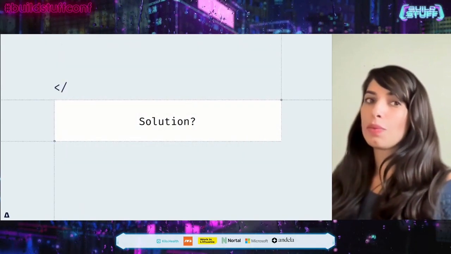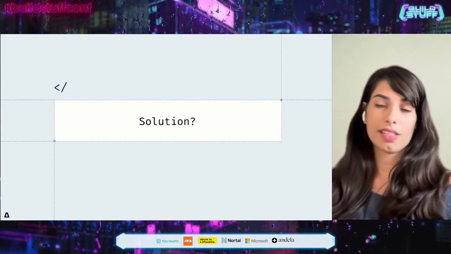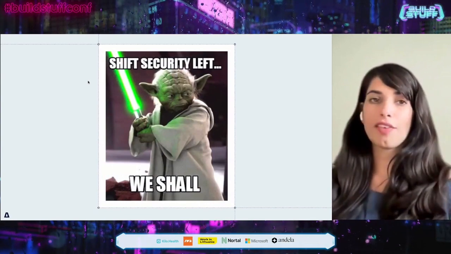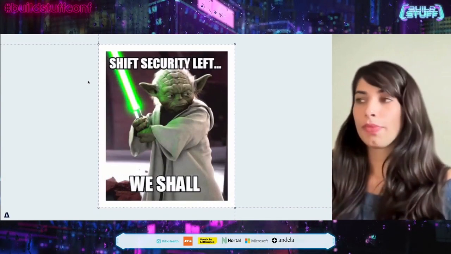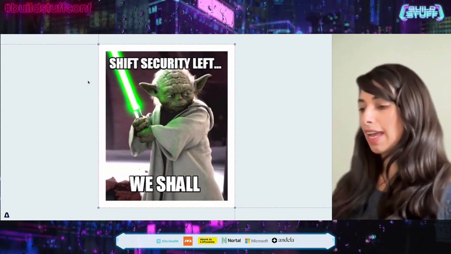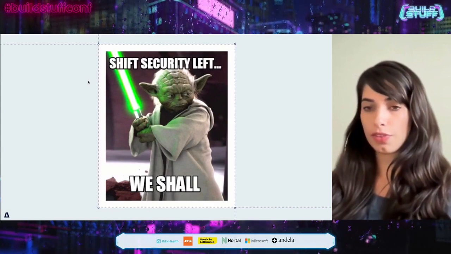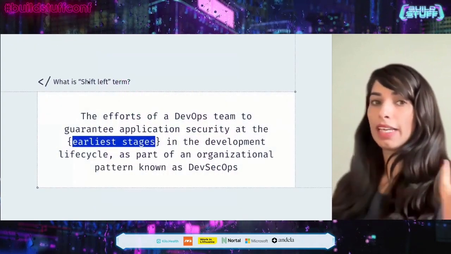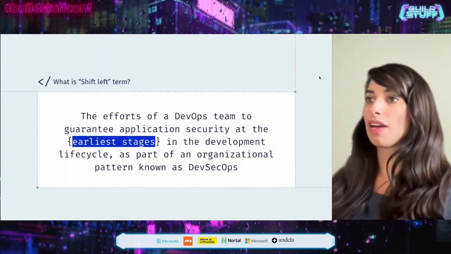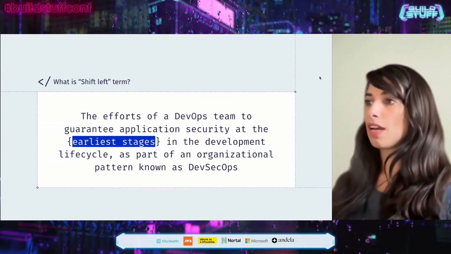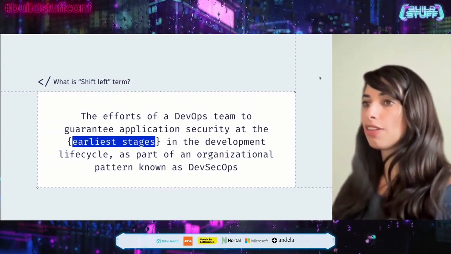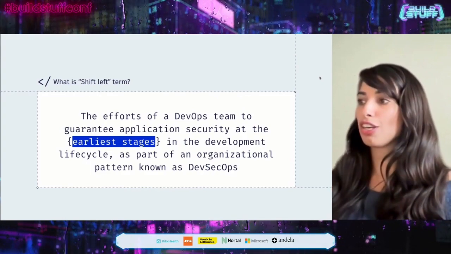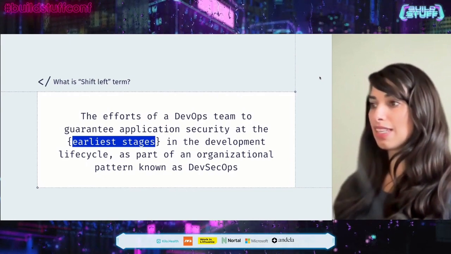And what I want us to get from here is how to resolve it. Well, shift left is a very well-known term. So yeah, from a security perspective, we want to shift left. And what shift left is basically, again from a resource like Wikipedia, the efforts of DevOps teams to guarantee application security at the earliest stage in the development lifecycle, as part of the organizational pattern known as DevSecOps.